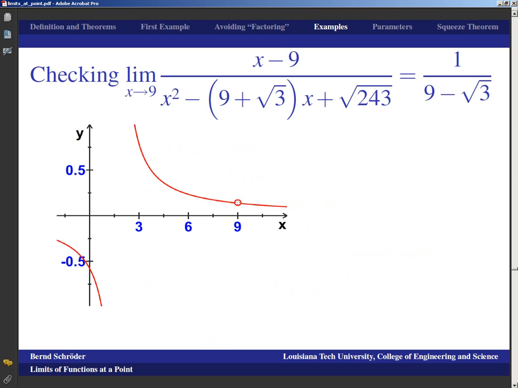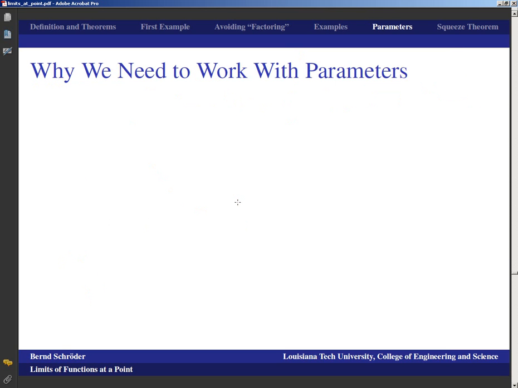Here's where the hole is. And like I said, 1 over 9 minus root 3, that's between 1/7 and 1/8. And if you're between 1/7 and 1/8, then you're a little bit bigger than 1/8, so you're a little bit bigger than half of a quarter, but you're not very close to a quarter, so the horizontal line ought to be about here. And again, the double check is yes, the limit does work out.